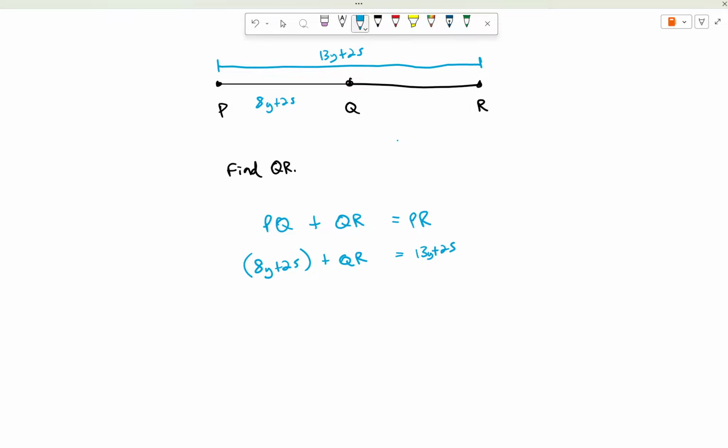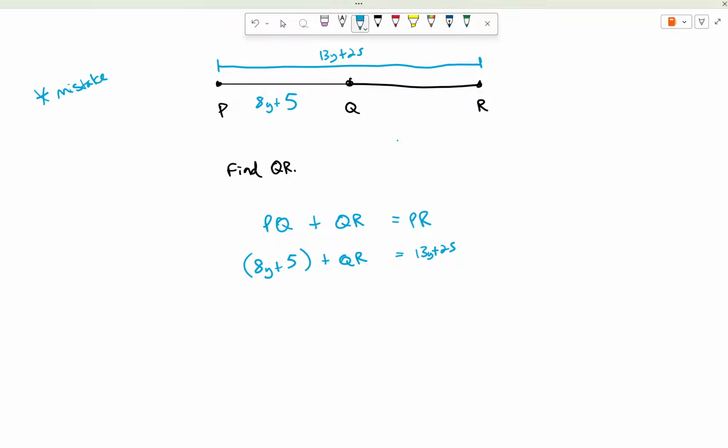Ooh, yikes. Why do I have plus 25? Guys, I'm sorry. Hey, real quick, I just made a mistake. This guy should not be 25. This should just be 5. My apologies. It's called a transposition error. You guys do this all the time. I do it all the time, too.